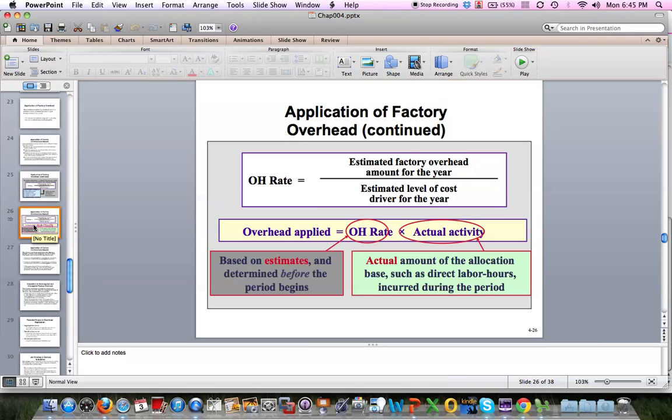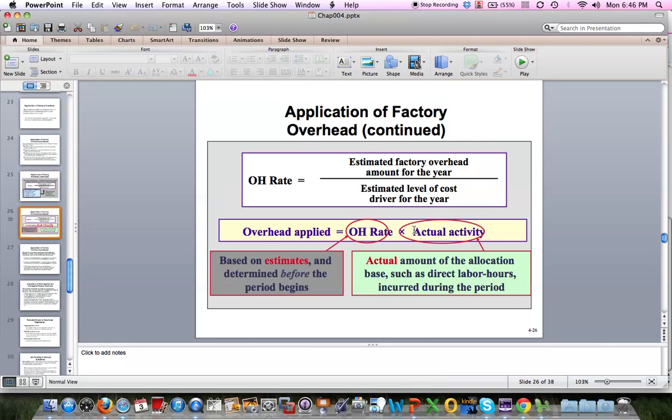And so we know that we're taking this predetermined rate, which is an estimate, and we're multiplying it by actual activity. So we have an estimated rate, and we're multiplying it by actual direct labor hours in the example given to us in the book, because we know how many direct labor hours were spent to manufacture those 20 end tables.